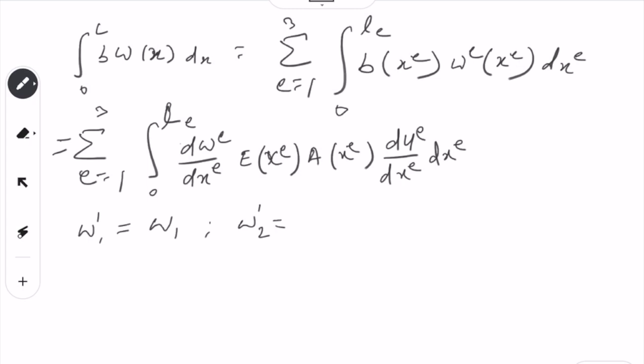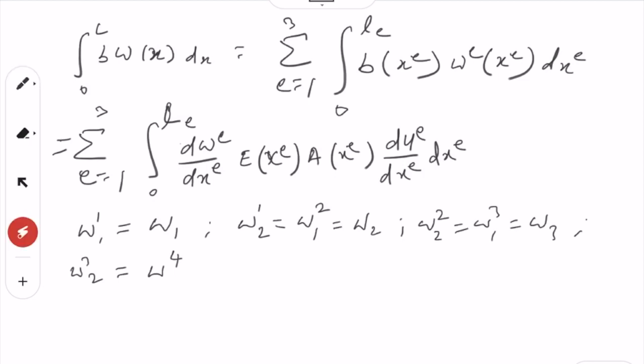For continuity, this has to be W21, let us call it W2, and similarly W22, of element 2, equal to W31, of element 3 at node 1, is equal to W3, and similarly W32 is equal to, let us call it W4.